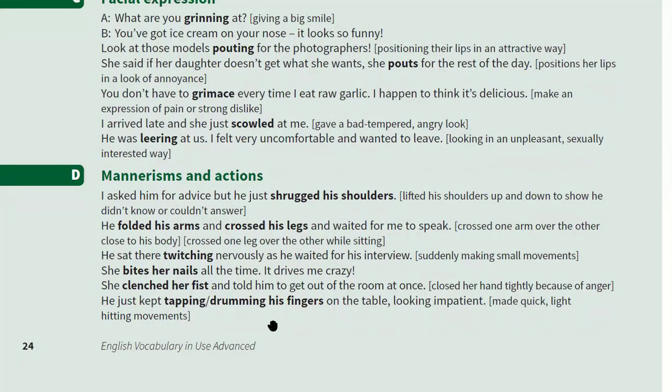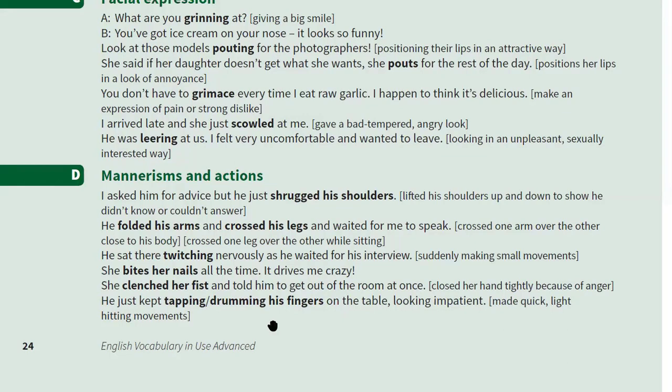Meaning he lifted his shoulders up and down to show he didn't know or couldn't answer. When you shrug your shoulders, you lift them up and then down. Sometimes we do this to tell other people that we don't know anything, or we are not interested in it. So we shrug our shoulders.